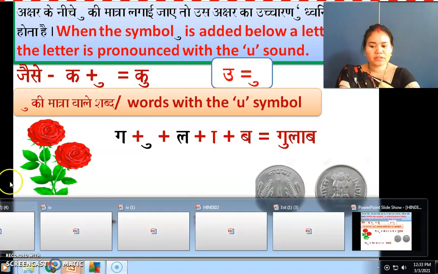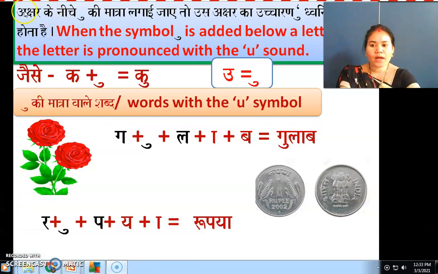Okay, the first is अक्षर के नीचे ऊ की मात्रा लगाई जाए तो उस अक्षर का उच्चारण ऊ ध्वनि के साथ होता है. This is Hindi, so a little bit difficult to understand for you. So here it is in English. When the symbol of U is added below a letter, the letter is pronounced with the sound of U. Got it?